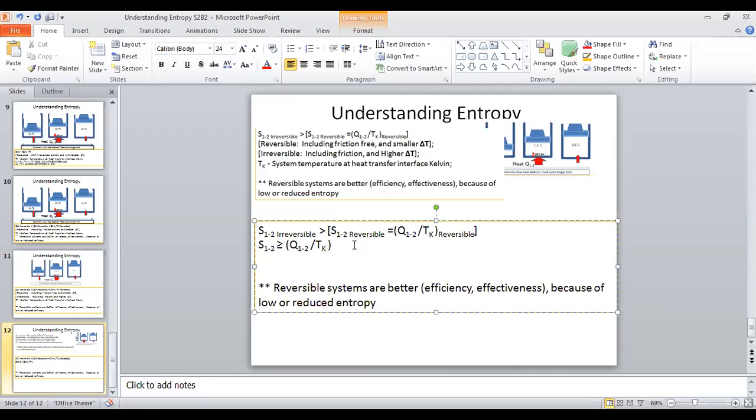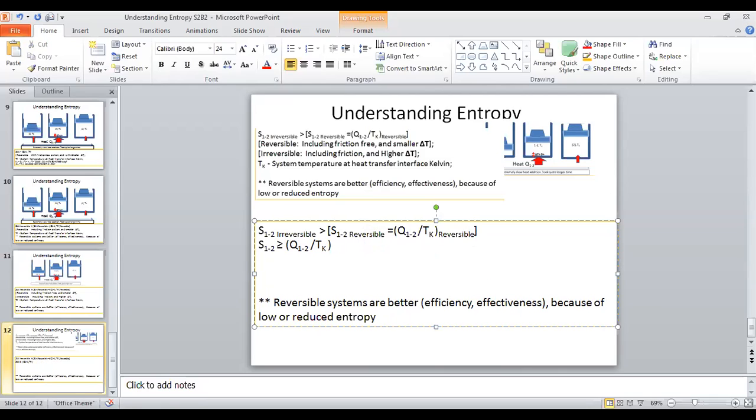Equal sign stands for reversibility. So this is the general statement. Only S12 for reversible is equal to this. This is the equality.